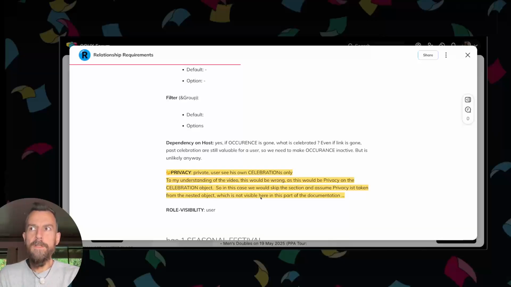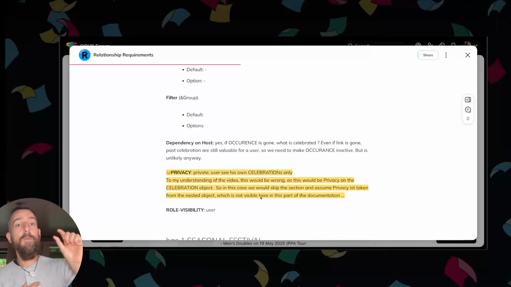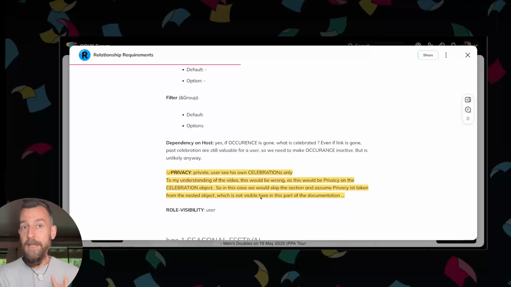You really want to only write once and refer everywhere for these types of requirements, because if you write duplicative requirements in multiple places, if they change in one place, you might miss them in another place. So the point here is, if the privacy does not change between when it's a host object versus a nested object, then just say it does not change. Otherwise, if it does change, then say it changes.